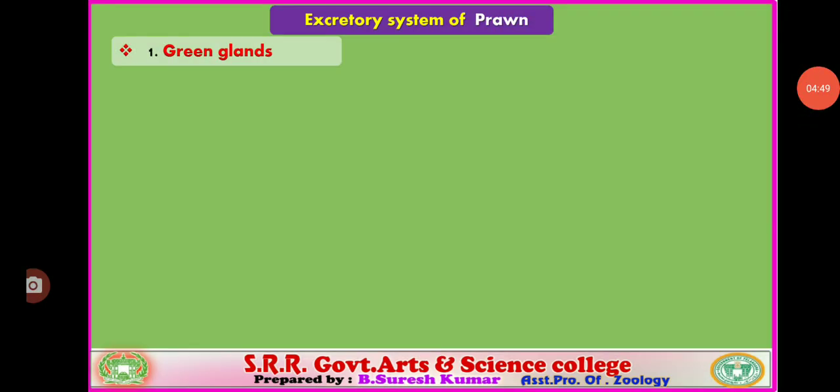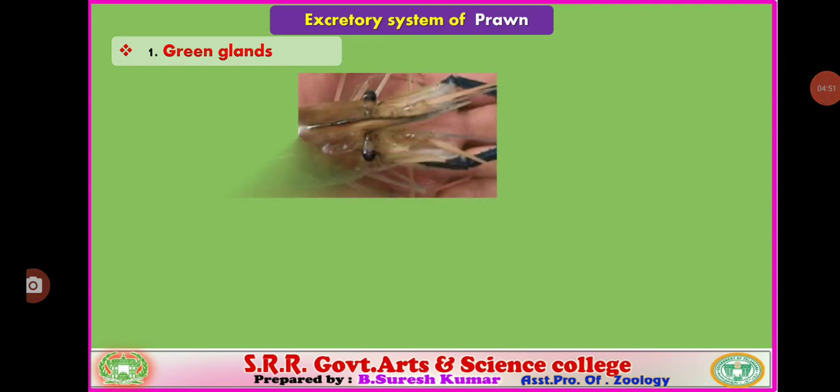Let us see the excretory organs in the prawn. The first primary excretory organ is the green gland. You can verify in the diagram, this is the prawn. They are also called antennary glands because they are present at the base of the antenna, the second head appendages.